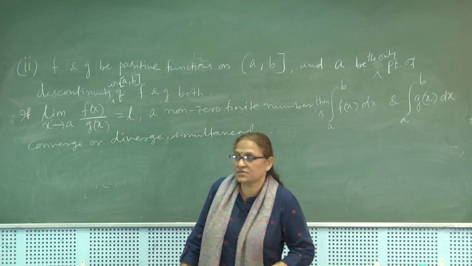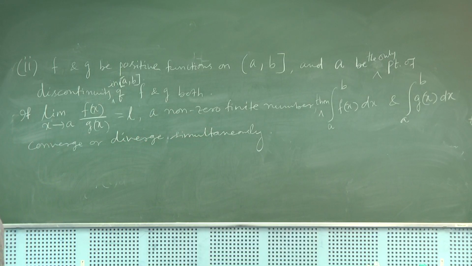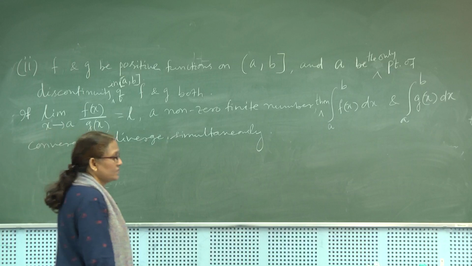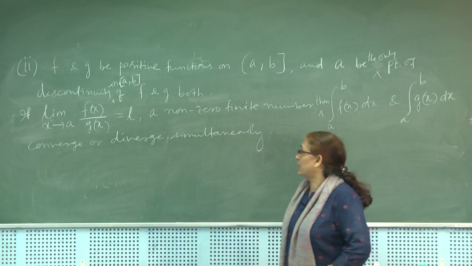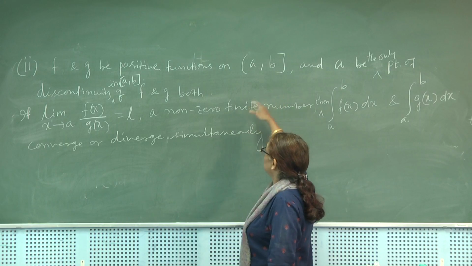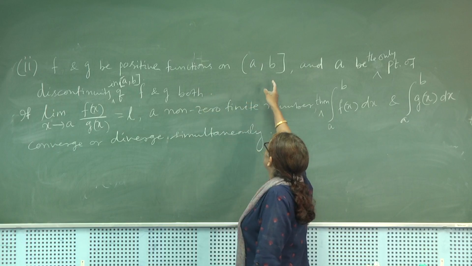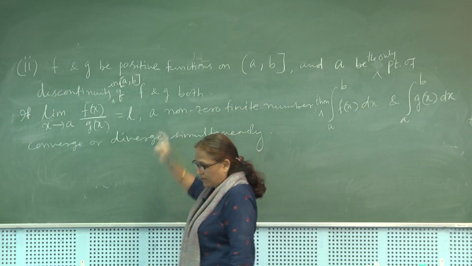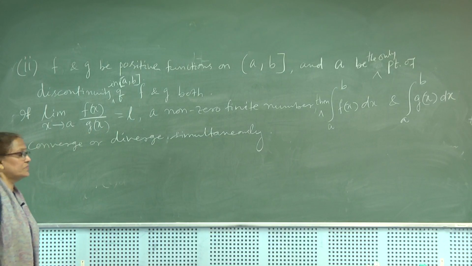Well, so this is about the ratio test for type 2 improper integrals. Similarly, we also get a ratio test if the functions are unbounded or have a discontinuity at the point B.